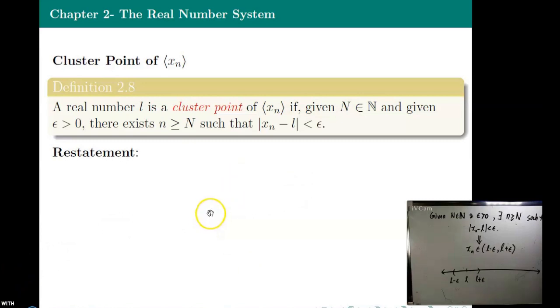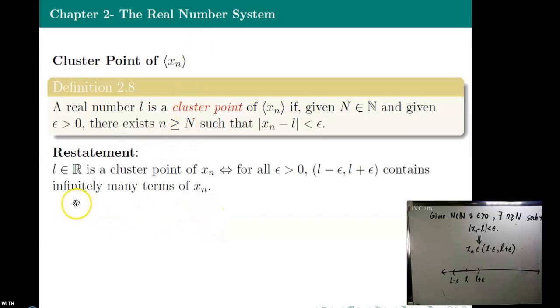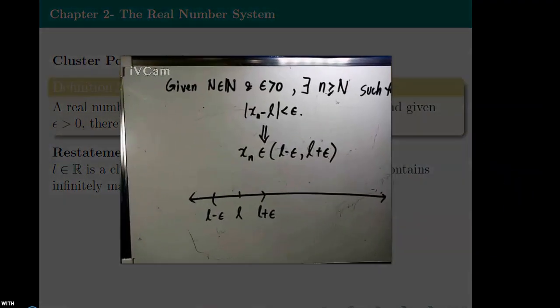Let's have the restatement of this definition. L is a cluster point of the sequence if and only if, for all epsilon greater than 0, this open interval L minus epsilon, L plus epsilon contains infinitely many terms of x sub n. So let us consider this, for a cluster point.